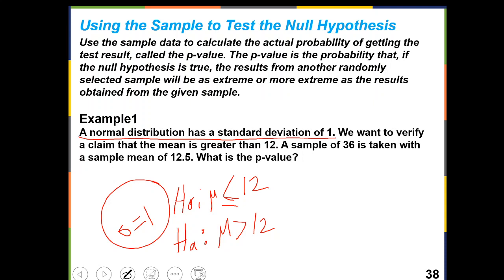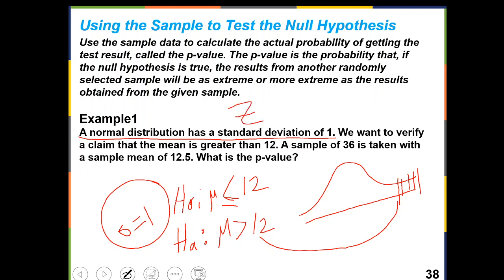All right, so this is a what? This is a right tail test, right? A sample of 36 is taken with a sample mean of 12.5. So that means for our z, the sample mean is 12.5.